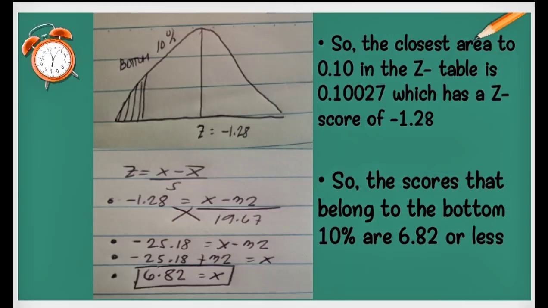Next slide, the bottom 10%. Find 10% in the given z table, and it belongs to 0.10027, which has a z score of negative 1.28. So the score that belongs to the bottom 10% is 6.55.